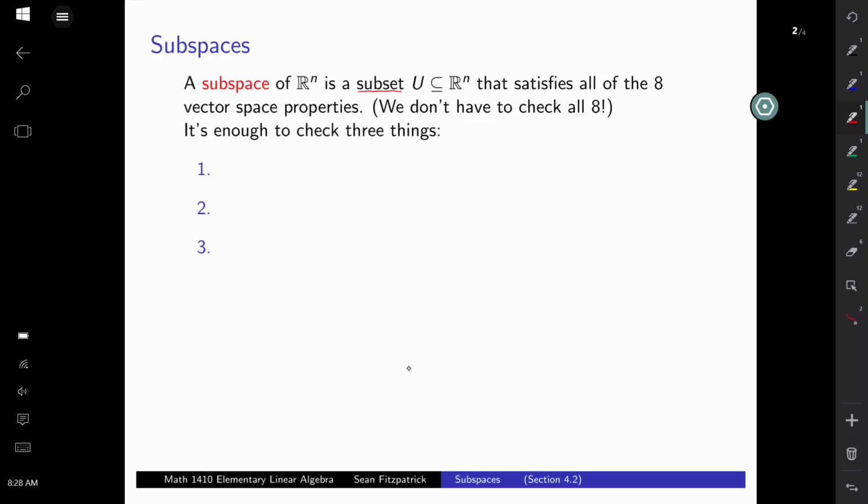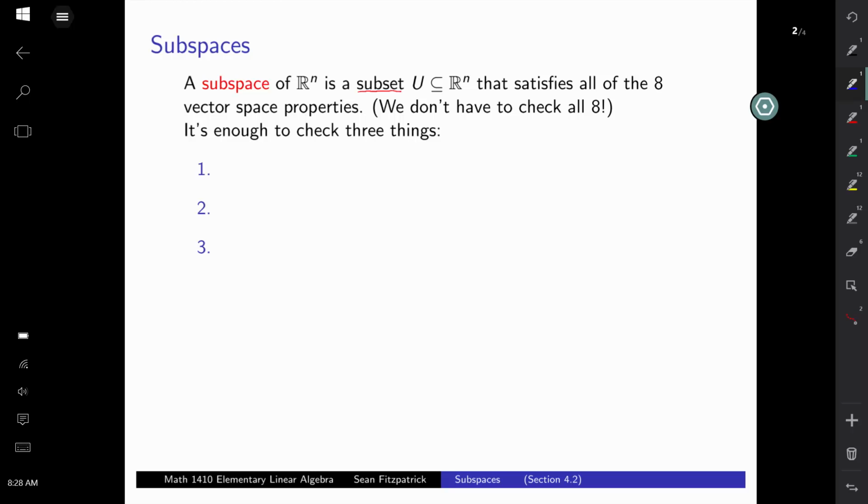It turns out that most of those properties are automatic because you're using the same addition and the same scalar multiplication. We should probably specify that when we say that it satisfies the 8 vector space properties, we've already defined what it means to add vectors in Rn and to multiply a vector by a scalar in Rn. We're using the same addition and the same scalar multiplication. We're just not adding all possible vectors. We're only adding some vectors.